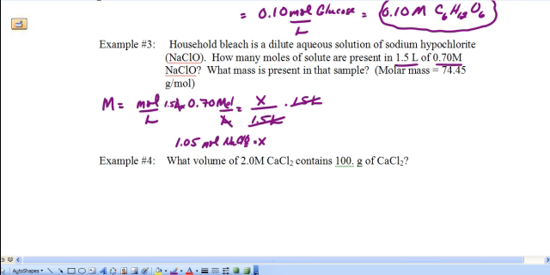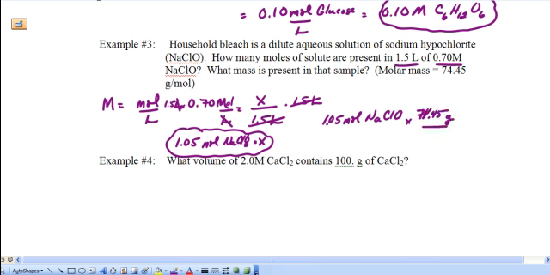In the second part, it asks what is the mass of the sample and gives us the molar mass. So if I have 1.05 moles of NaClO, or usually it's written as NaOCl, and we multiply that by 74.45 grams per mole, which is the molar mass.